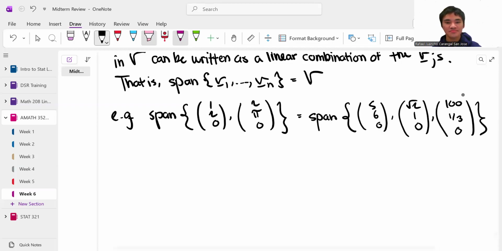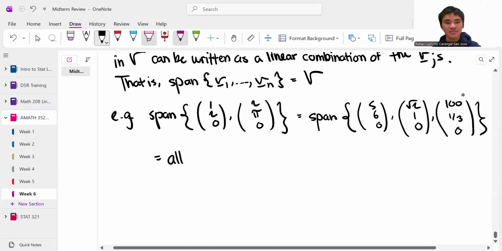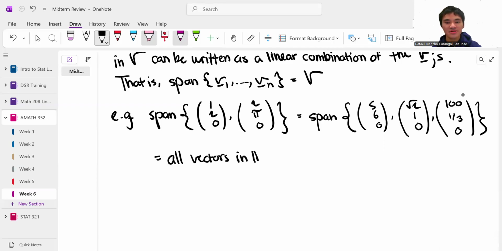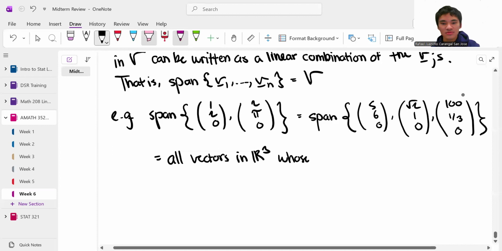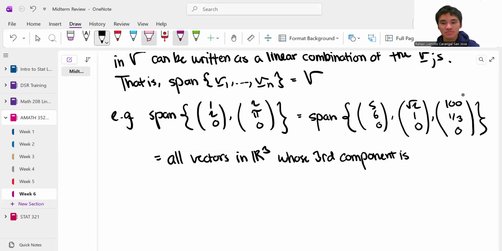Why is that? Technically, these are all vectors in R^3 because they have 3 components, whose third component is 0.